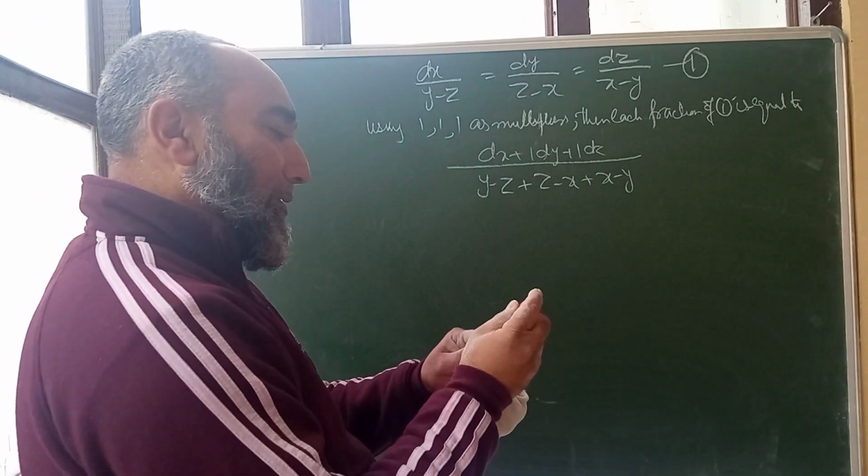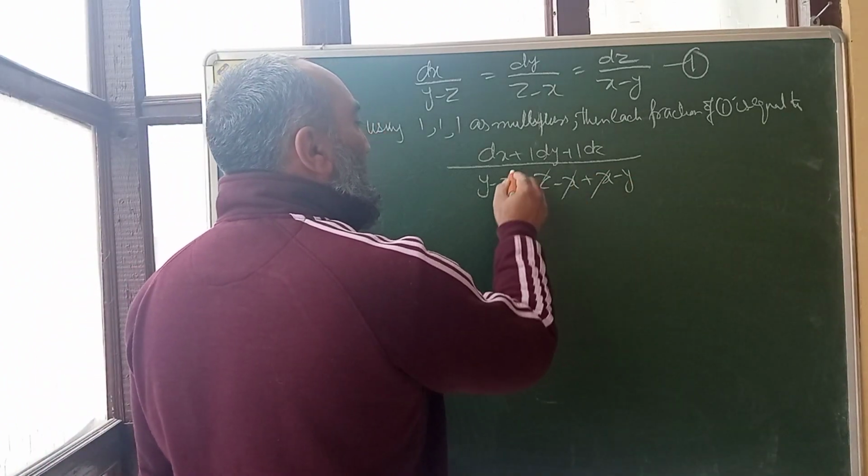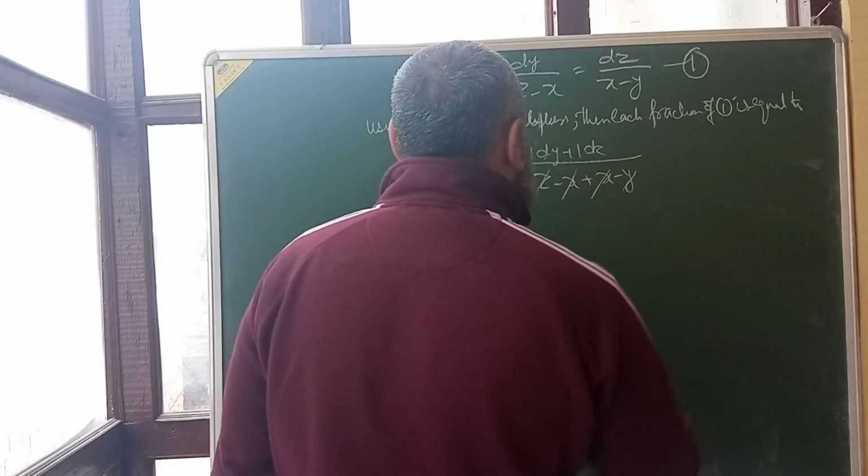What is that? x and x, z and z, y and y. This is 0.